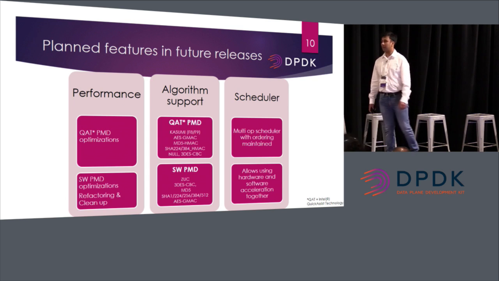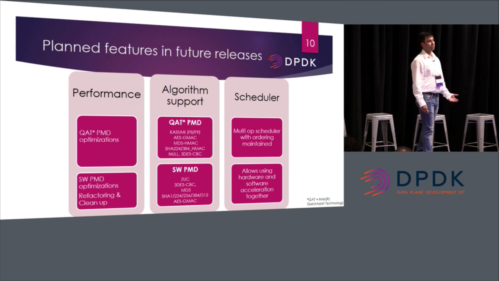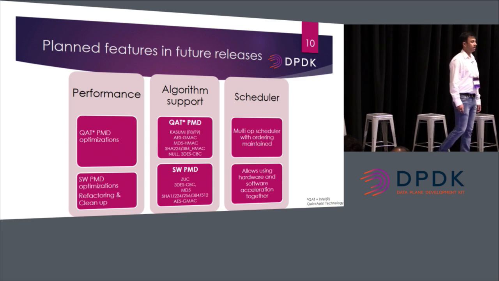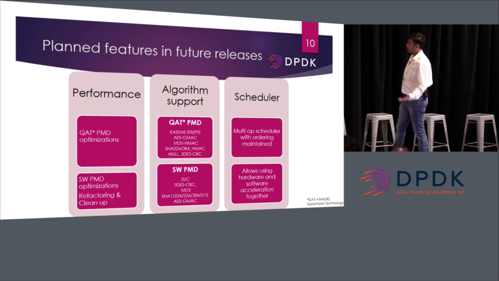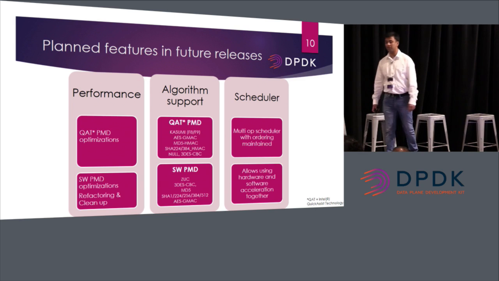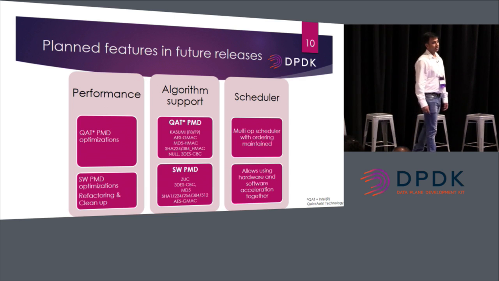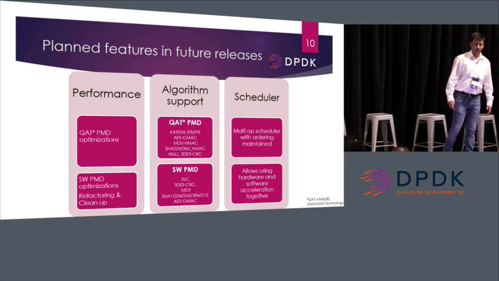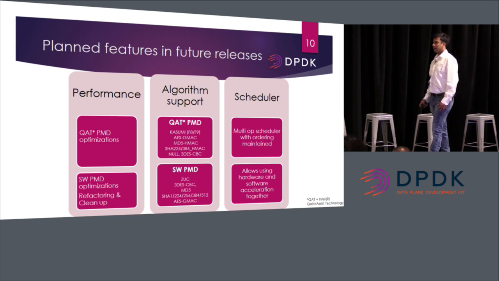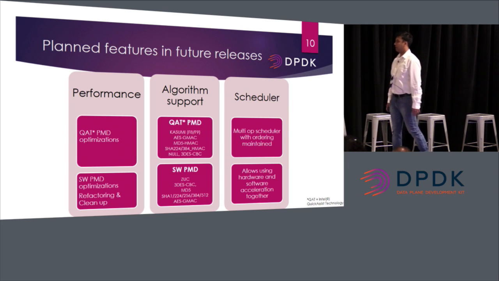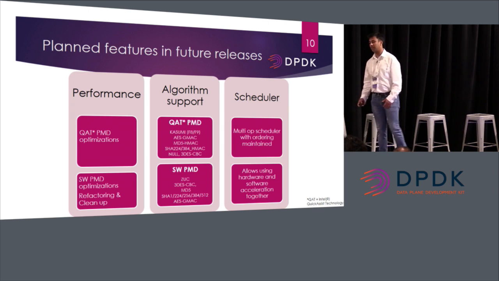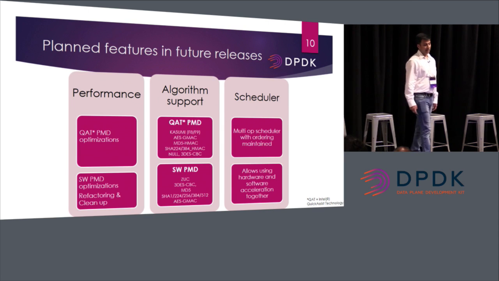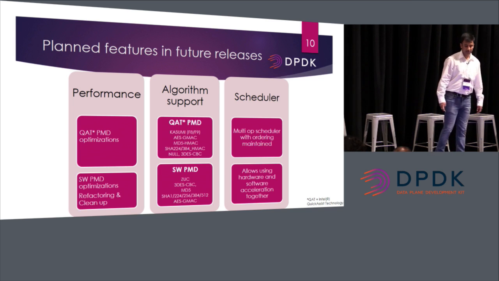Of course, there are also software PMD optimizations by enabling new software libraries on the network builder website, which you can always download and utilize. Refactoring and code cleanup is a continuous process. Performance and other work are also in parallel with support for the next generation of devices. Some of the optimizations are focused on keeping in mind the next generation of products.